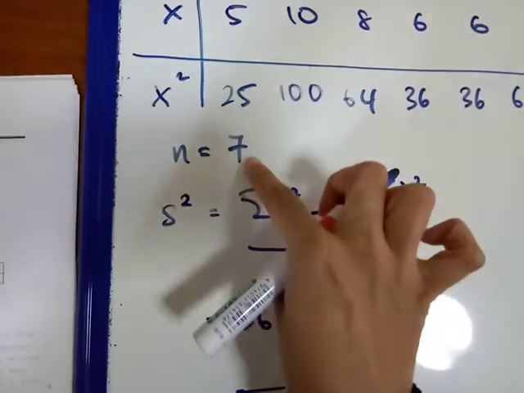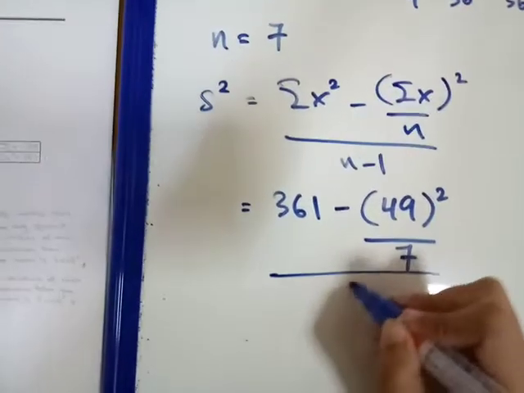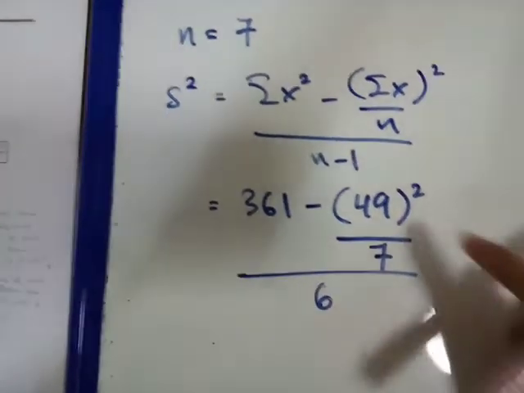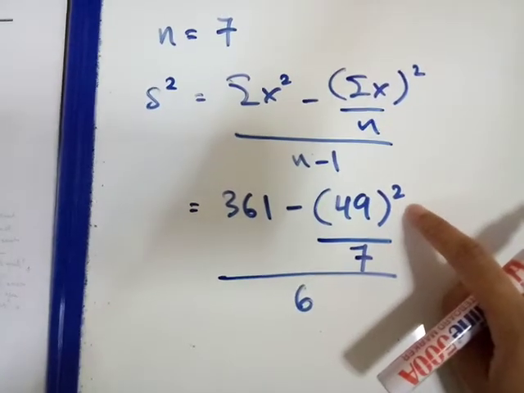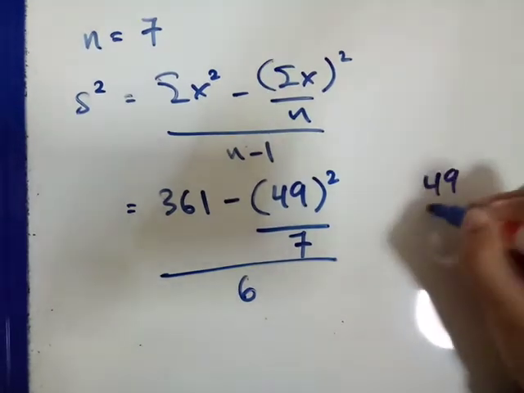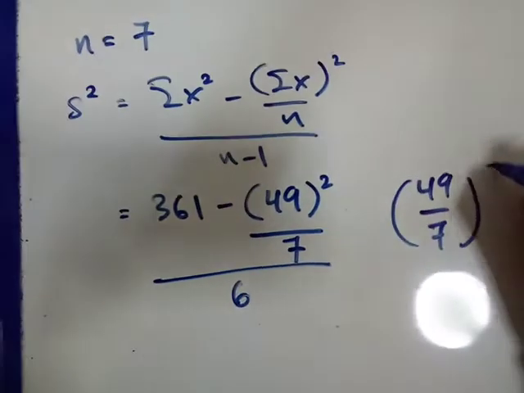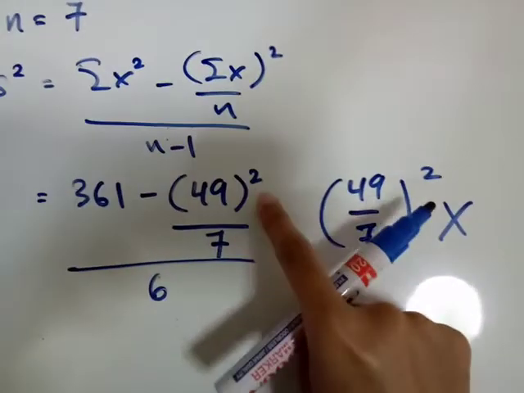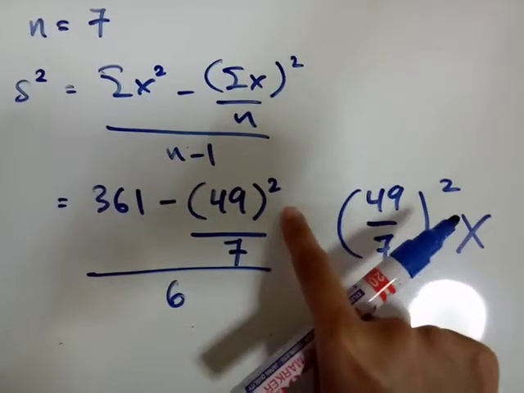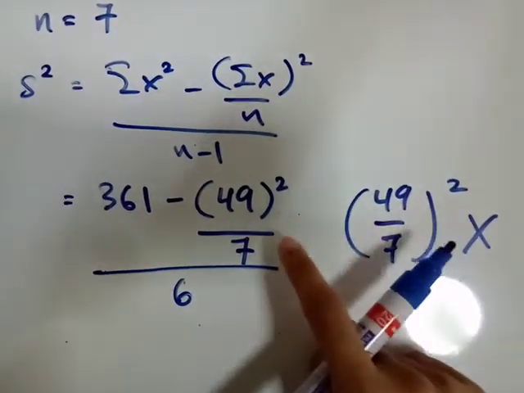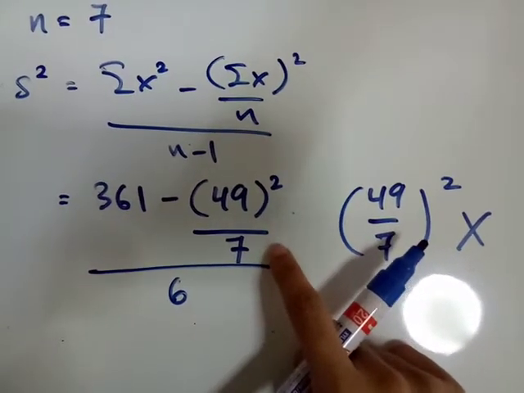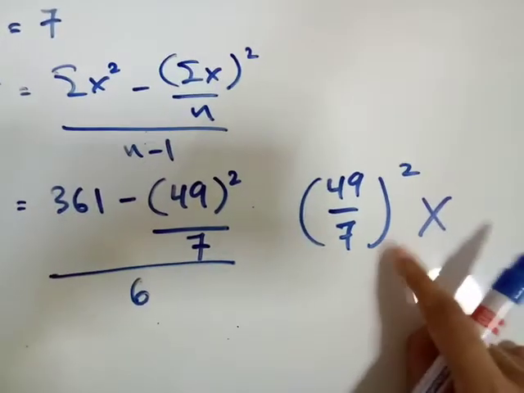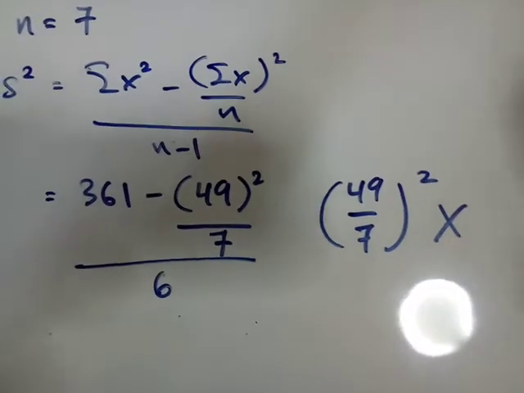We know that N is 7, so 7 minus 1 you get 6. Understand? This is 49 square, not 49 over 7 square. This is wrong. Many people make mistakes in this part. Actually only 49 you have to square, not 7. Many people do it this way, and when you calculate this way, your answer is wrong.